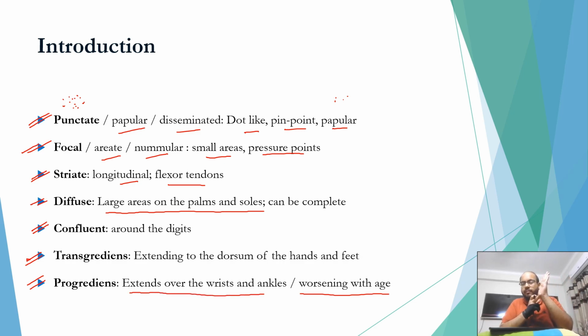That means after involving the palms, it will extend and cross the wrist, or after involving the soles, it will extend and cross the ankles, going towards the Achilles tendon and shins. So that is also progradients. But if in an exam somebody asks you what's the meaning of progradients, the first thing to reply should be that it's a progressive worsening of keratoderma with age. Let's move forward.